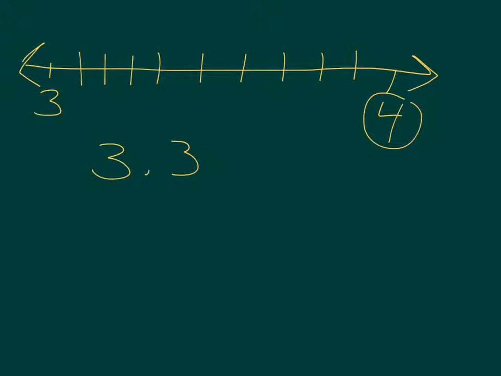We start here at 3, and that's 1/10, 2/10, 3/10. So we're looking at this spot right here. On the number line, is this line closer to 3, or is it closer to 4? Clearly we can see this is closer to 3, so this number goes back to 3. So 3 and 3/10 is actually closer to 3.